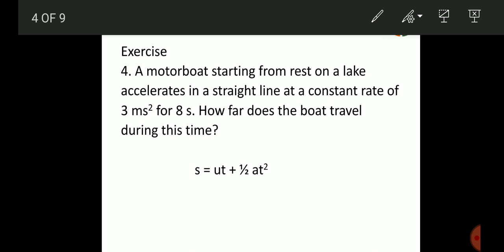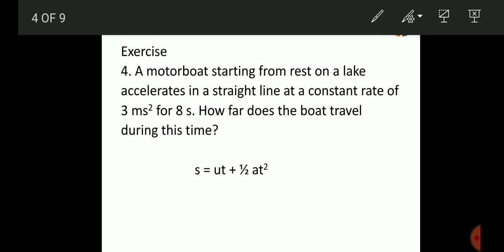So, let us try the first equation to solve this problem, v is equal to u plus at. That is the first equation. So, you have to find out s, the distance, in this question. But in the first equation, v is equal to u plus at, s is not there, so you cannot use that.